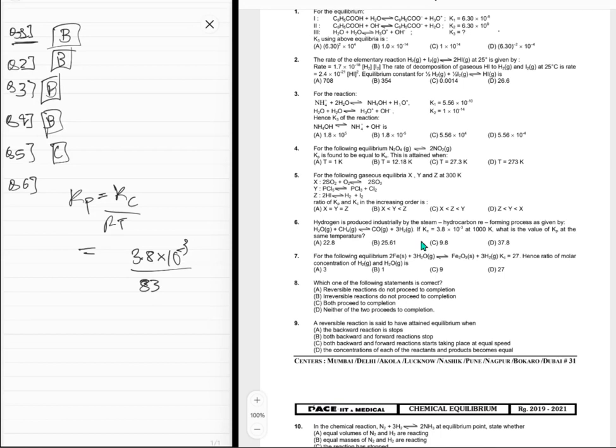Oh wait, okay, I see, because 3 times 4 will give us 12, that's not what we want. If this was 82, then that would be 40 or something, so it's very close to 1 upon 4. I mean, okay, 38 into 10 power -4, now this thing is close to 1 upon 4, so it's like 0.25 into 10 power -4, that is something around 2 into 10 power -5.